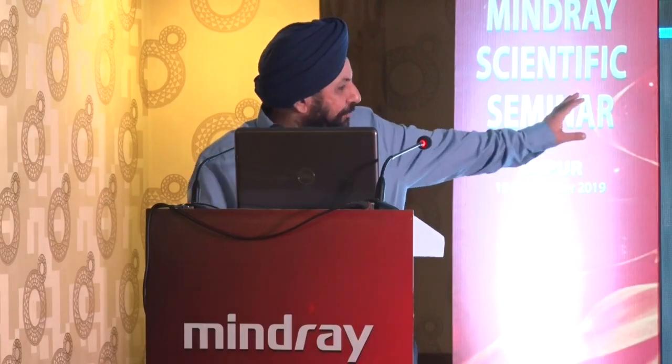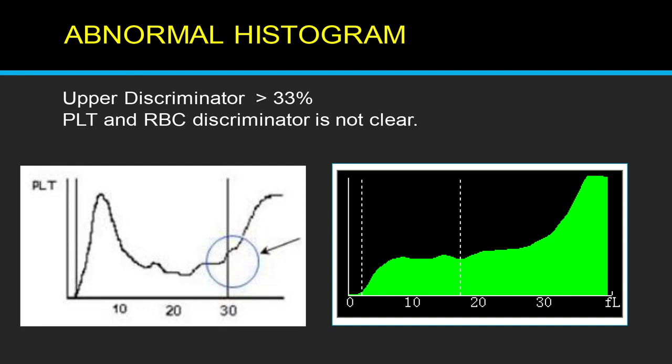On the contrary, this is the more common platelet flag that we see, where the baseline doesn't touch the upper discriminator and exceeds the height by about 33%. In these scenarios, it is difficult to differentiate giant platelets or platelet aggregates from microcytic RBCs or fragmented RBCs.